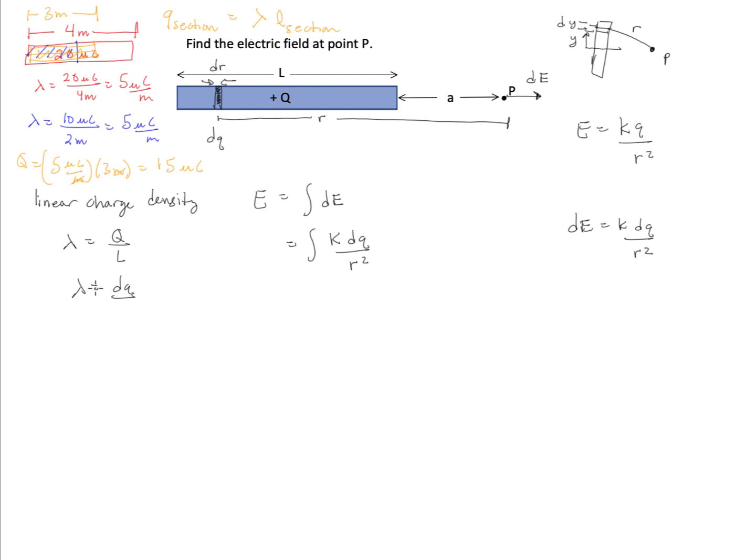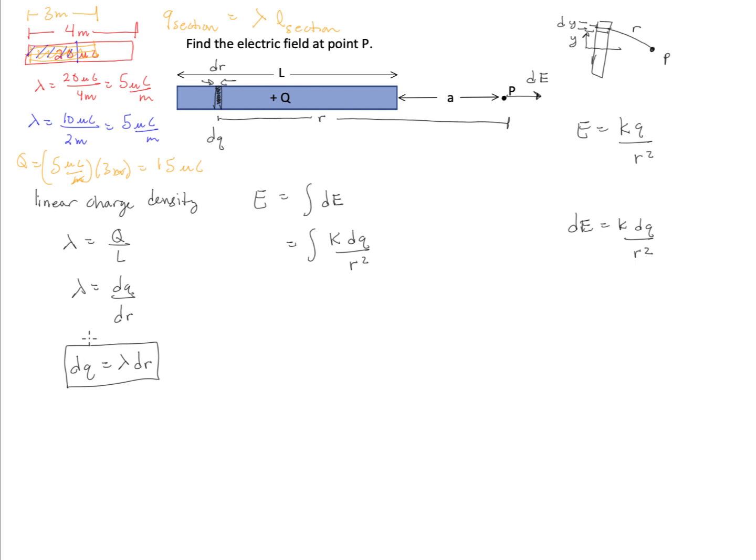So now let's go back to this lambda. Now I know that the thickness of my sliver is dr, and so I see that I could rewrite this equation as dq equals lambda dr. This is actually no different than what you did up here. Right here you saw that the charge was equal to lambda times the length of the section that you're interested in.